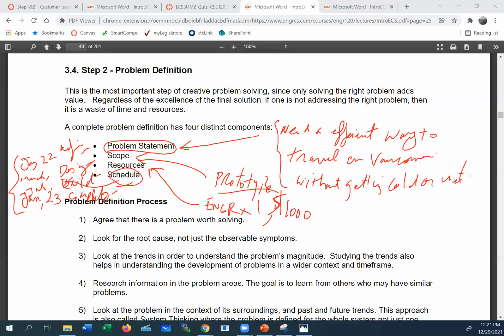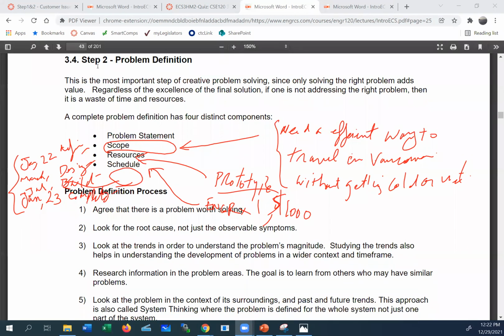And then schedule would be when it's the end and a few steps in the middle to get me there: when my design is finished, when I plan to define the parts I need, when I'm going to order them, when I'm going to build the first one, when I'm going to finish testing it, and when I'm going to have the final prototype. So these are the steps to consider when you are trying to define your problem.